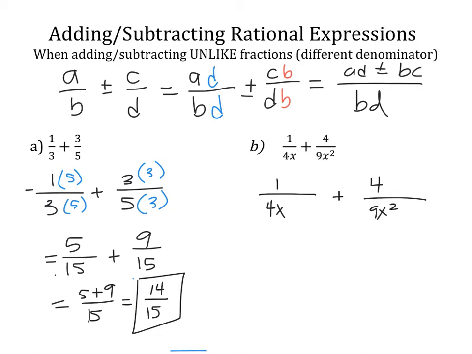The smallest thing that can be divided by both 4x and 9x squared is 36x squared. It's okay if you have an x here, as long as you have at least 2 x's in your final. So what I'm going to do is multiply this first one by 9x. Because I already have 1 x, I only need 2. So this one I'm going to multiply by 4.